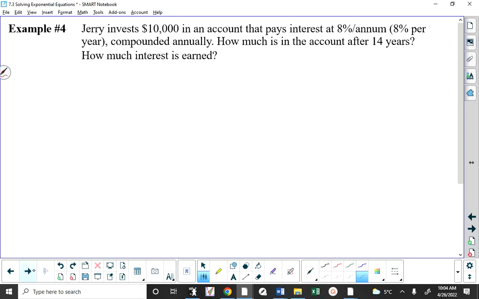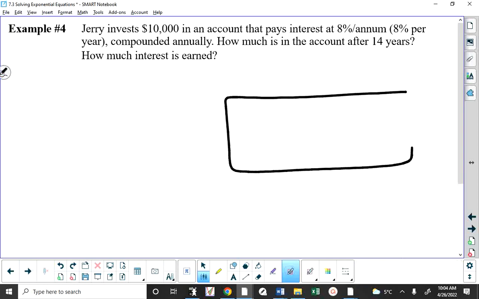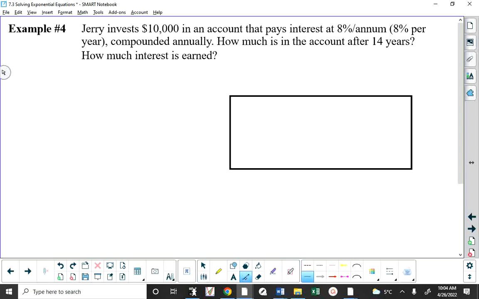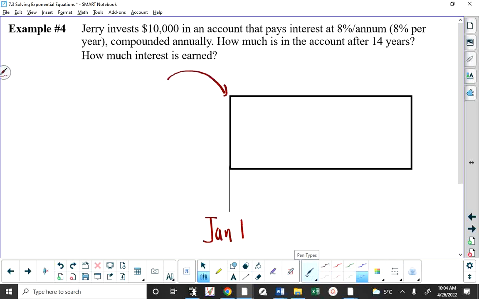What does this mean? It means that if Jerry invests his money on January 1st, he puts $10,000 into this account.